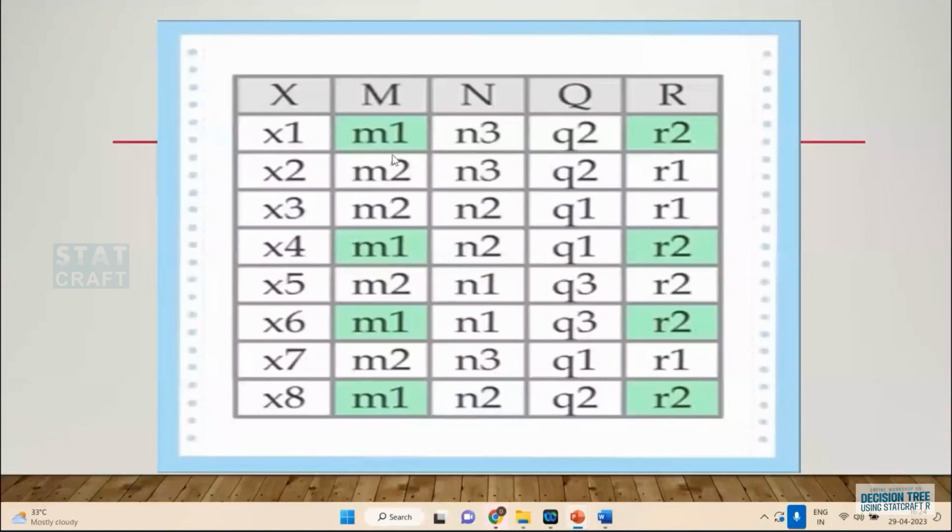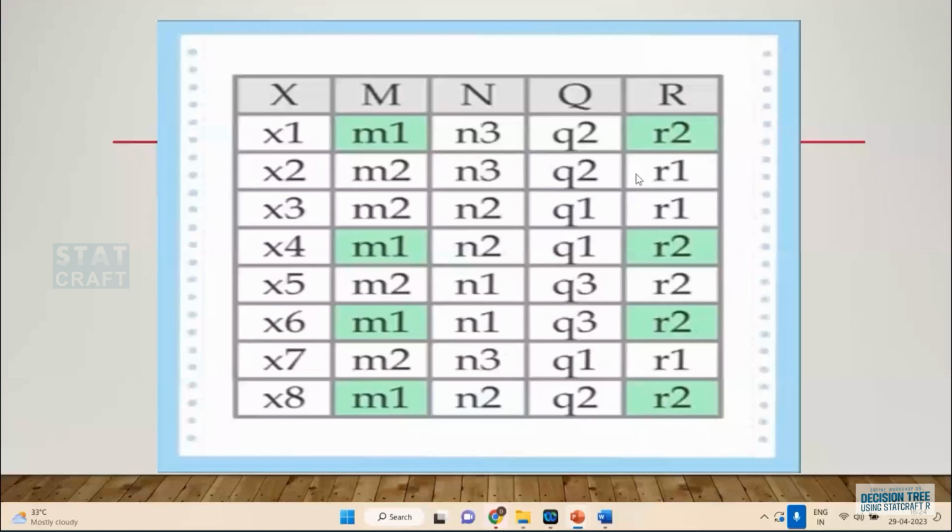When M1 is active, R1 does not occur. Only R2 occurs. How many R2 occur? 1, 2, 3, and 4. This means that for half of M1, R1 does not occur, so 0 by 4, and R2 occurs 4 by 4. So we have got the Gini of M for R1 and R2.